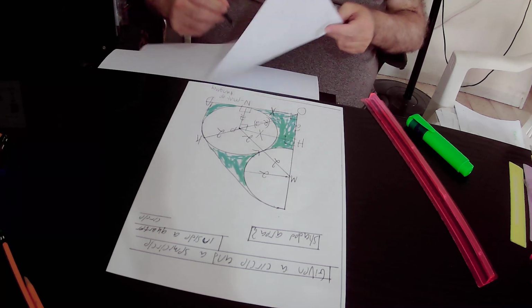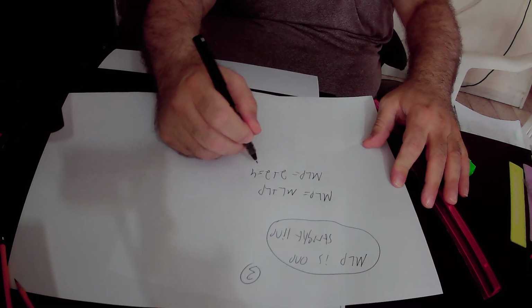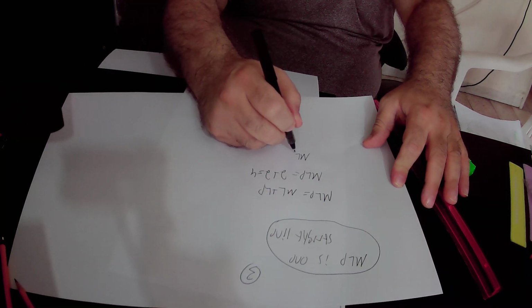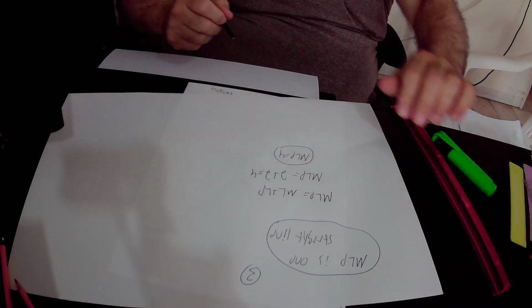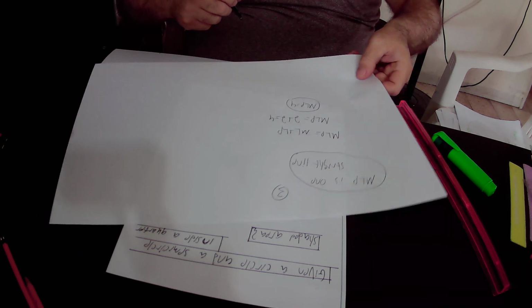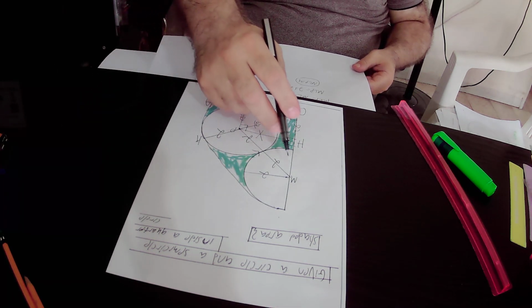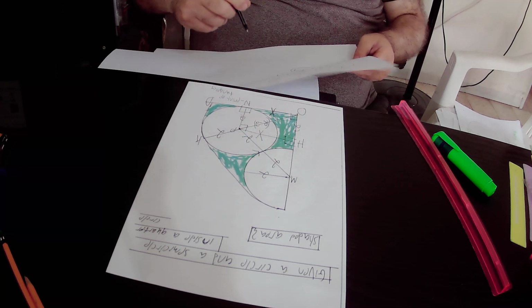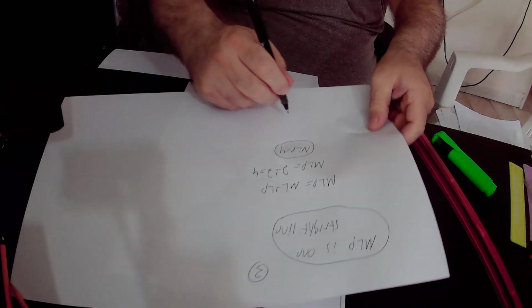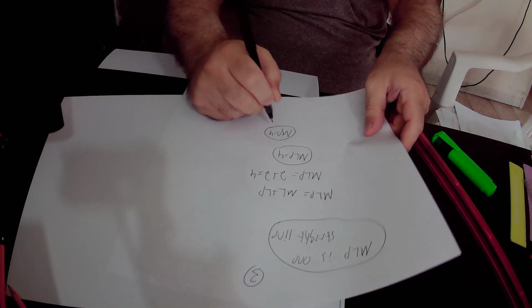So in conclusion, the straight line MLP equals 2 plus 2, that is 4. So MLP equals 4. Instead of writing MLP, we can write directly MP, because it is anyway a straight line. So we can write down that MP equals 4 units. It is one straight line, of course.